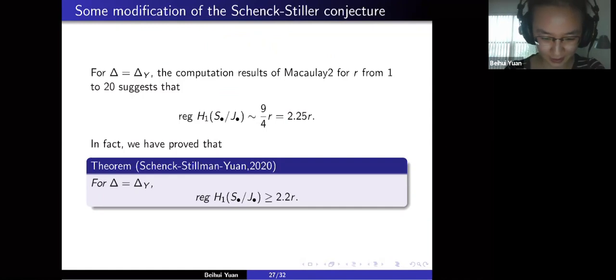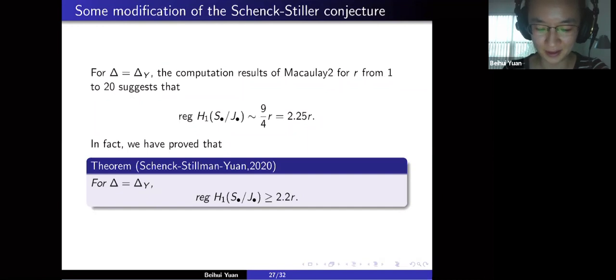Okay, so after that, we did some experiments on our configuration, and the computation results of my colleague, for r from 1 to 20, suggest that the regularity of this guy is 9/4 r. So we cannot just modify this conjecture by saying, how about 2r plus 2 or 2r plus 10?